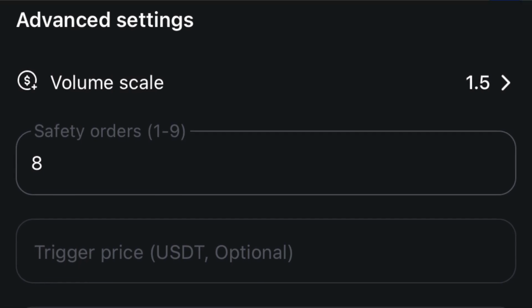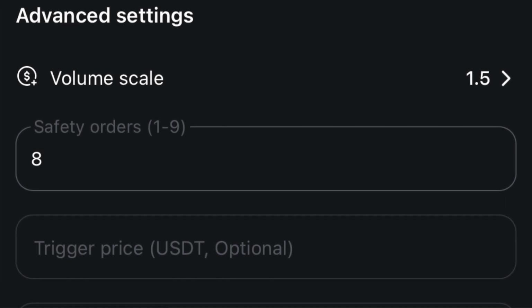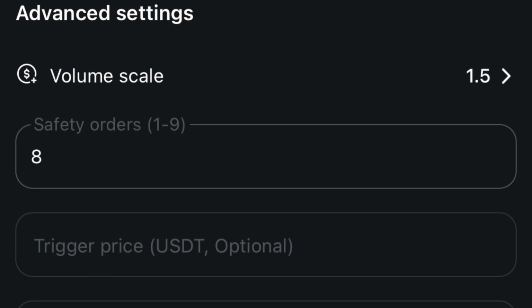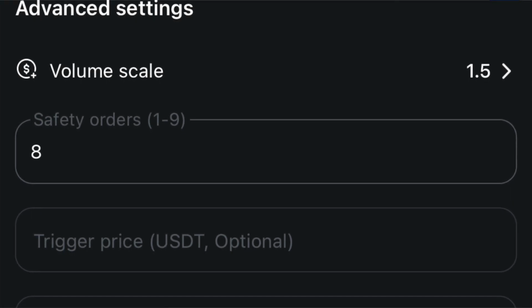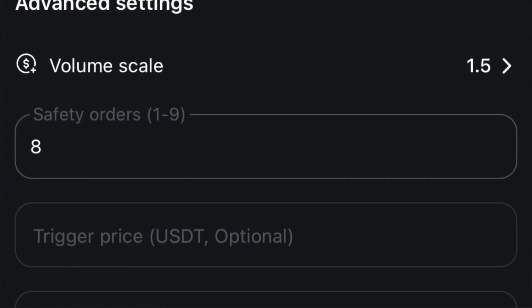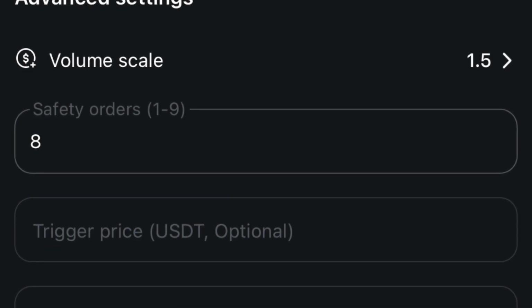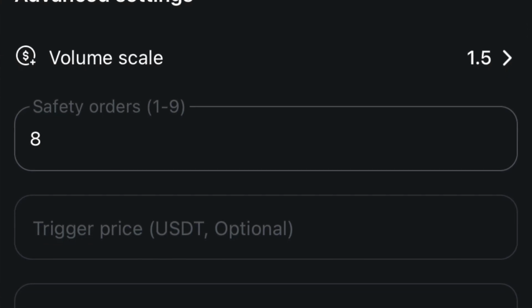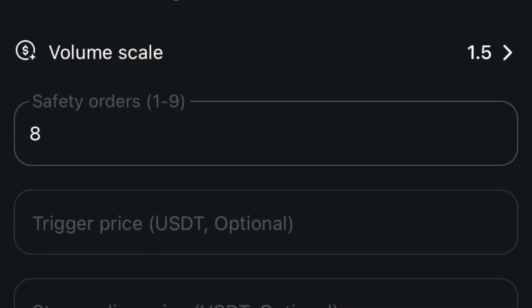But, well, I think it looks like every coin is a little bit different. What I will say is the volume scale, and investment wise, it will be a little bit different based on how many safety orders you have.